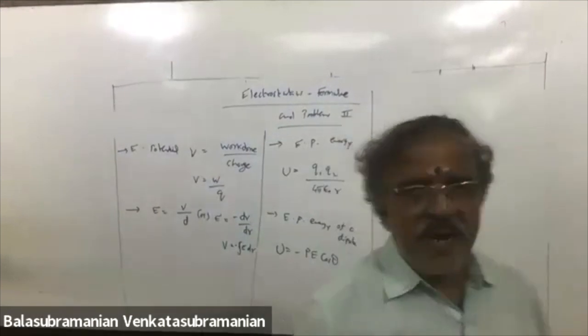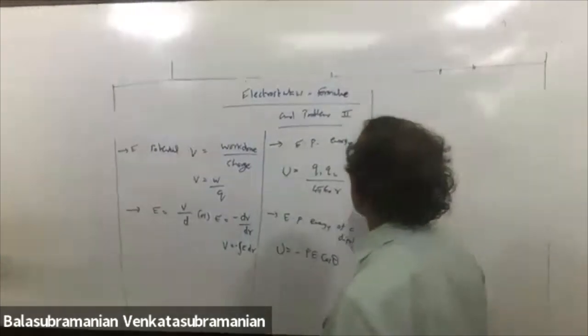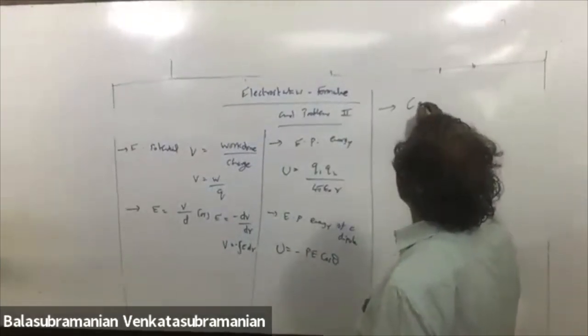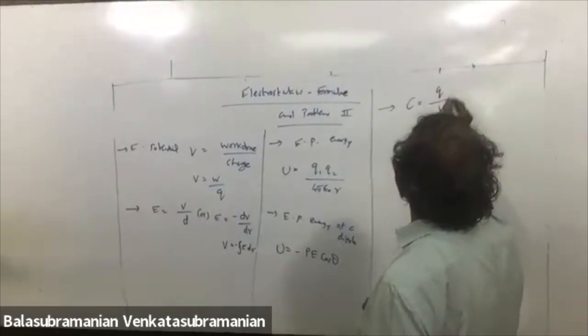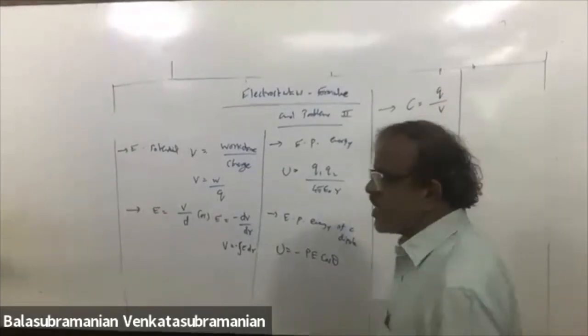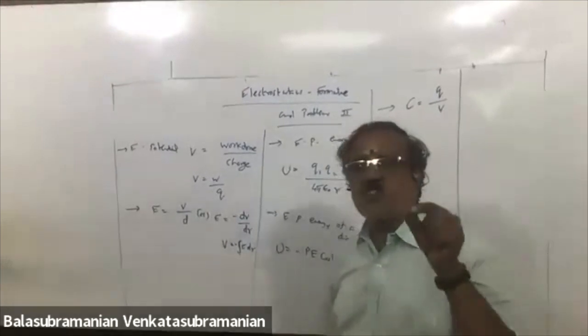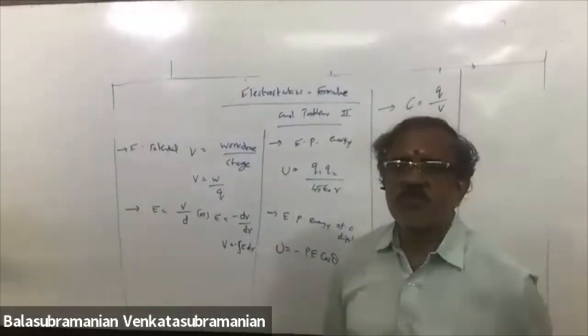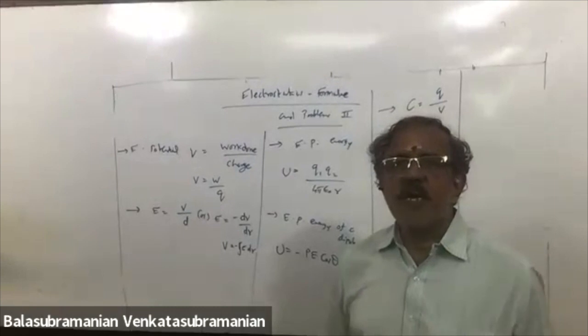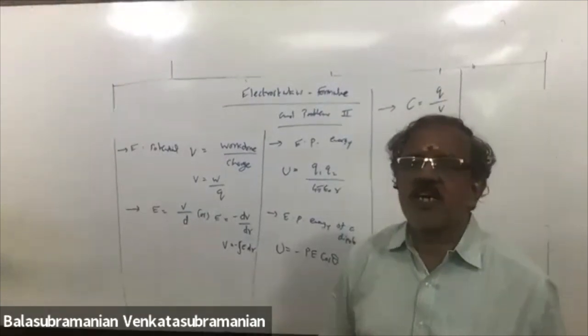Next, capacitance. The capacitance formula is C is equal to Q by V. Charge by potential is the capacitance of the conductor.